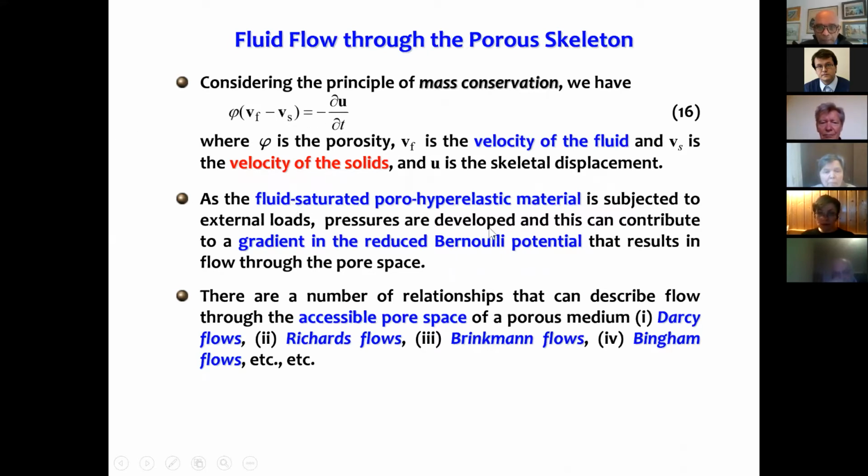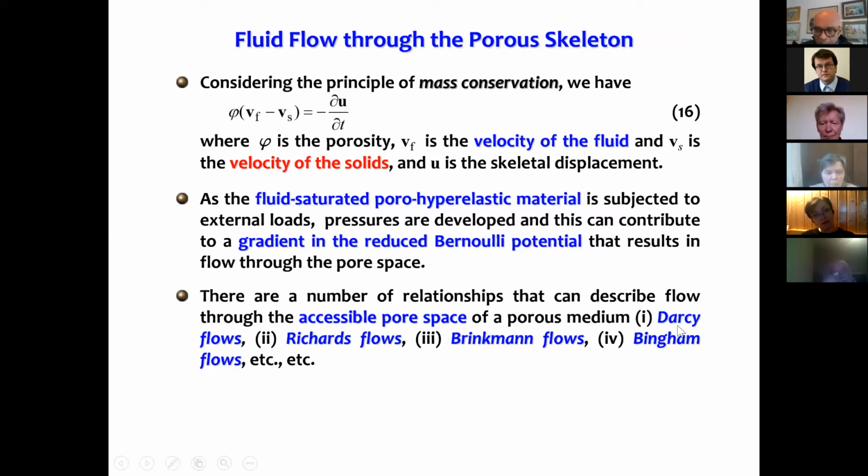And the fluid saturated hyperelastic material is assumed to be subjected to external loads, excuse me. And the pressures can develop, and this can contribute to a gradient in the so-called reduced Bernoulli potential, which causes the flow. Now, this is not the only way.